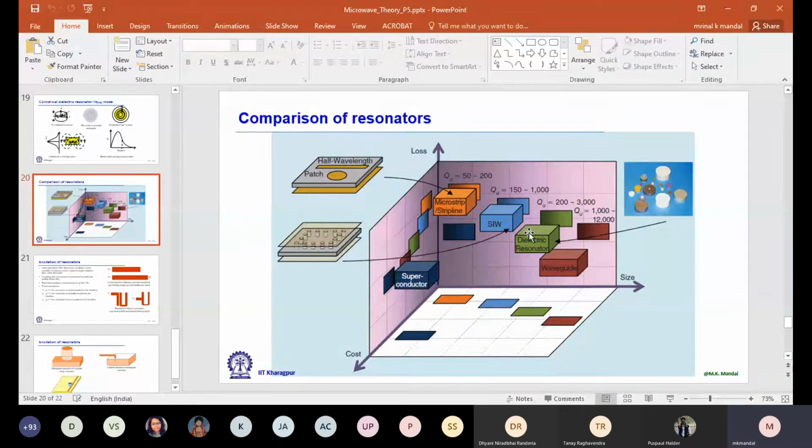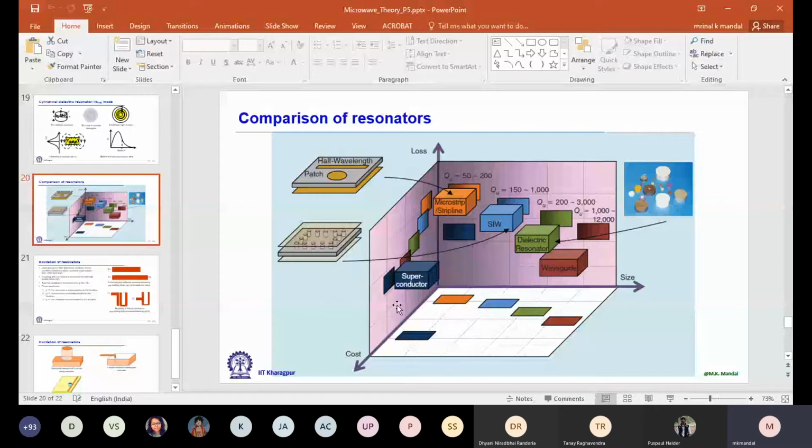We put a dielectric resonator inside a rectangular waveguide cavity, and that is very popular in space application and also in defense application. In a combined manner, they can achieve an unloaded quality factor of 50,000, quite high.